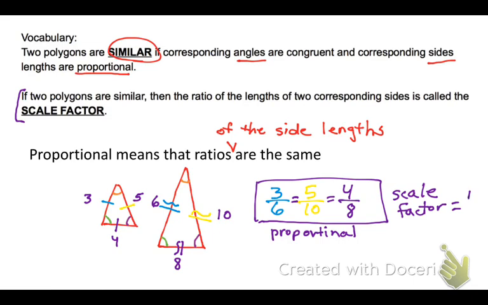Sorry, the scale factor would be a half, because they're all equal to 1/2. So, let's continue.